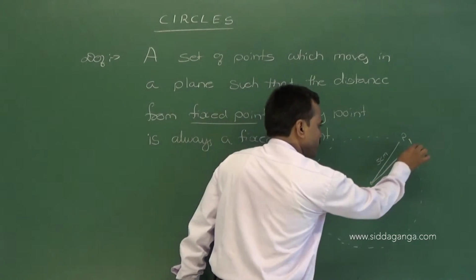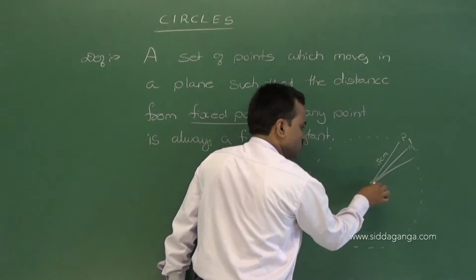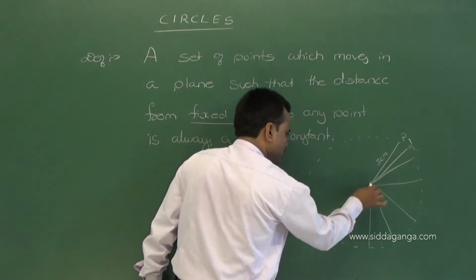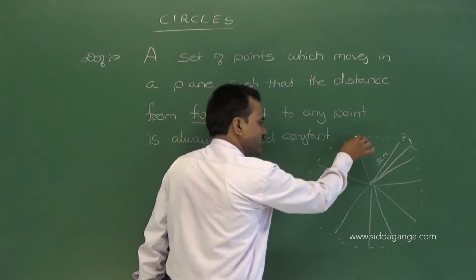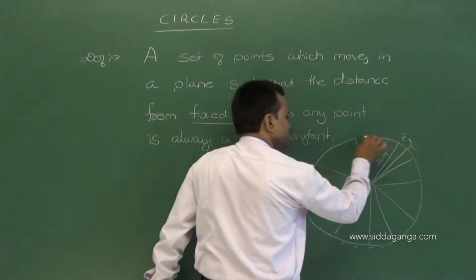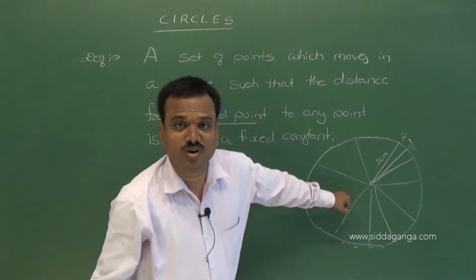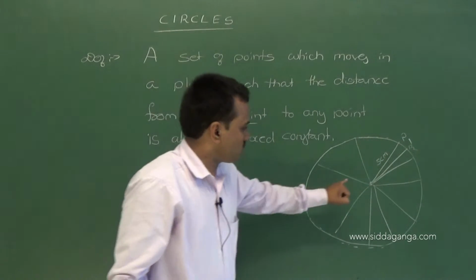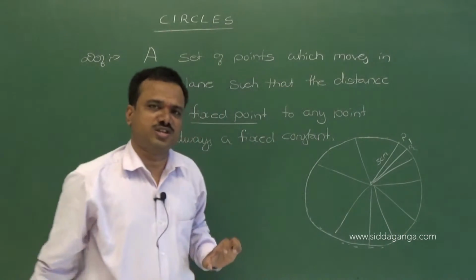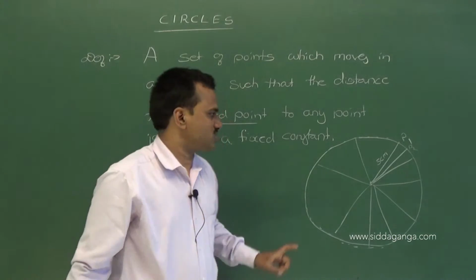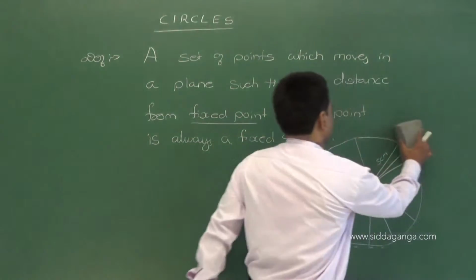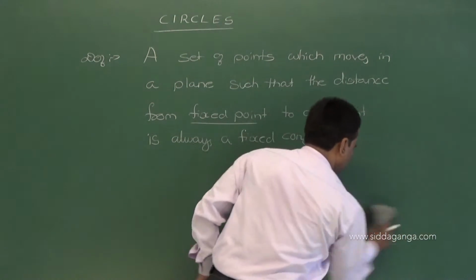Suppose the distance from the fixed point to P2 is also 5, P3 is also 5. So all the distances from the fixed point are 5 centimeter. If you trace out all these points, this geometry we call a circle. So the distance from the fixed point to any point is always a fixed constant. That we call a circle.